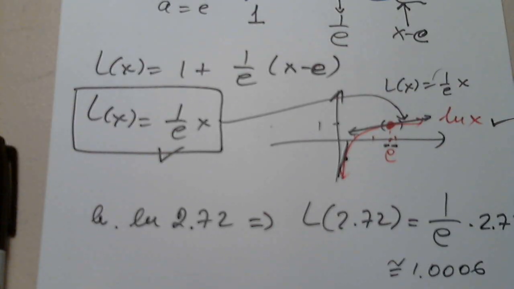So when I plug in 2.72 into natural log, I should get something very close to this, because the approximation should be very close to the real actual value. Look at this. 2, 4, 5 digits. Okay, very good approximation. So using the line is a very good approximation of the actual value.